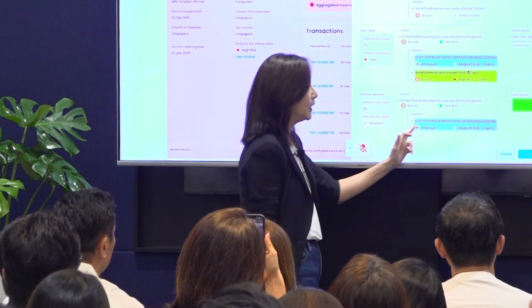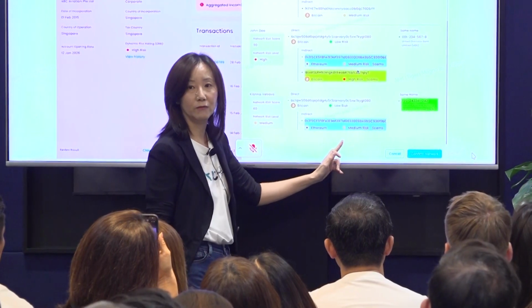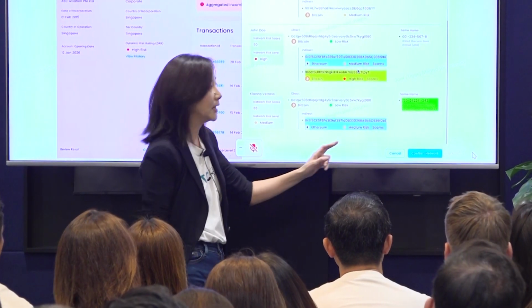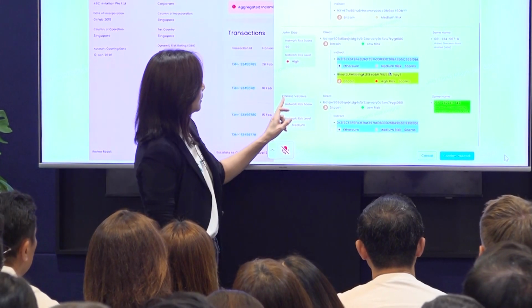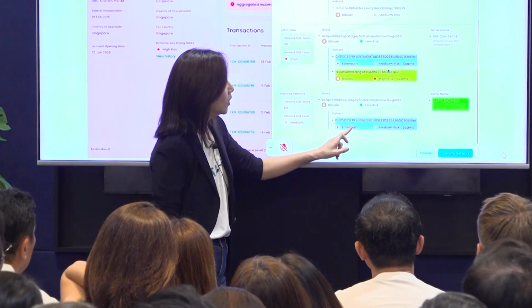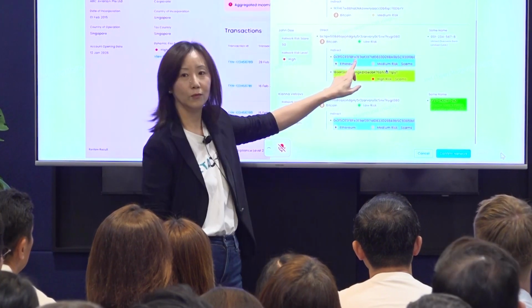And this bank account is linked with another wallet. This wallet is medium risk. It's also flagged as scams. And also interesting, this wallet is also commonly shared by John Doe.